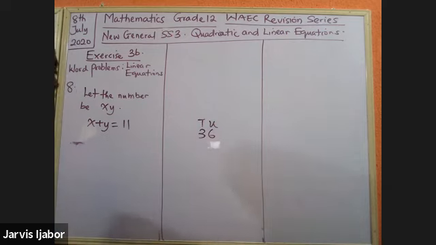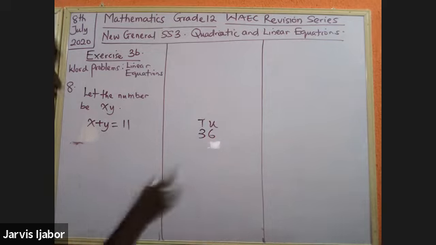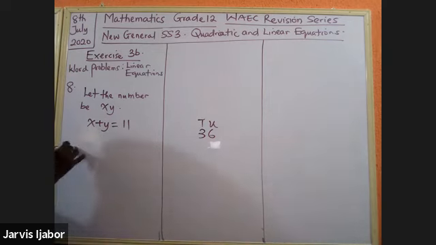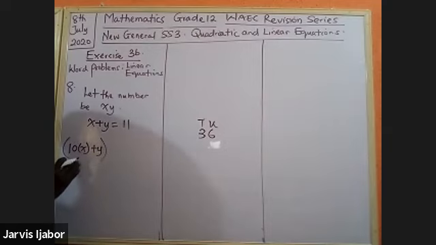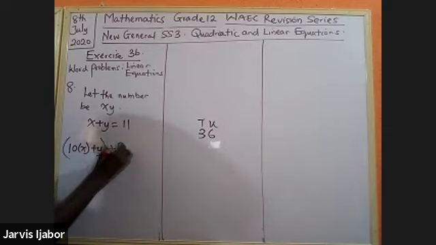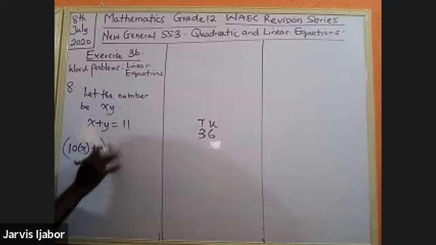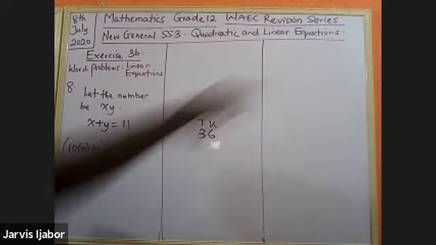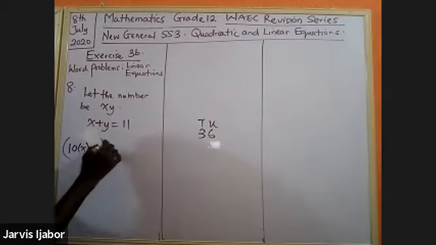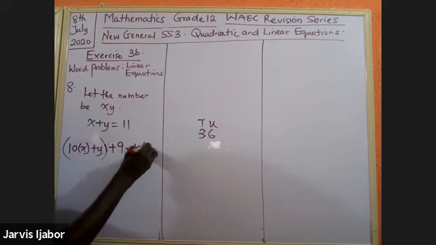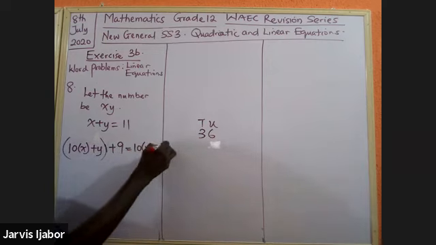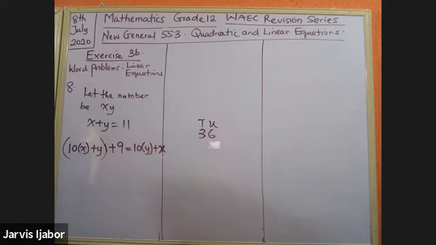So now they are saying that when the digits are interchanged, it decreases. By virtue of place value, this one plus 9 will be equal to the next number if it now moves to y plus what? x. So that's what it means.